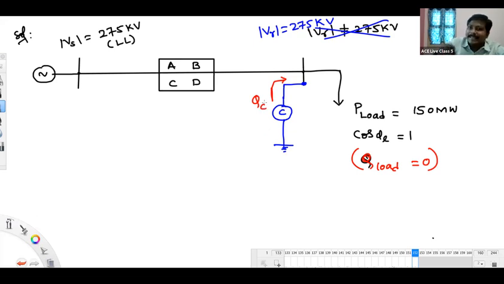After solving the problem at the end, if the QC comes to be positive, then I can say this is a capacitor bank. And if the QC comes to be negative, then this is a reactor bank. And if this QC comes as 0, we need not keep any compensator to make Vs equal to VR in magnitudes.